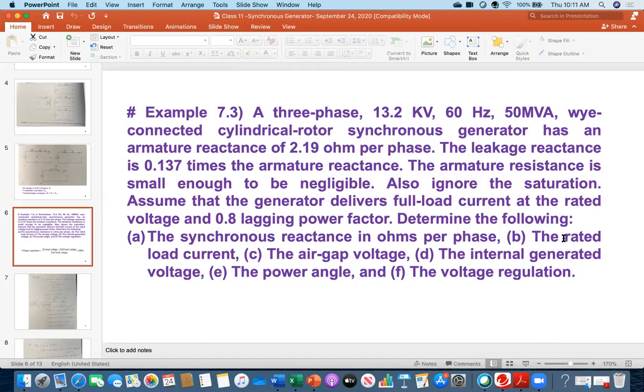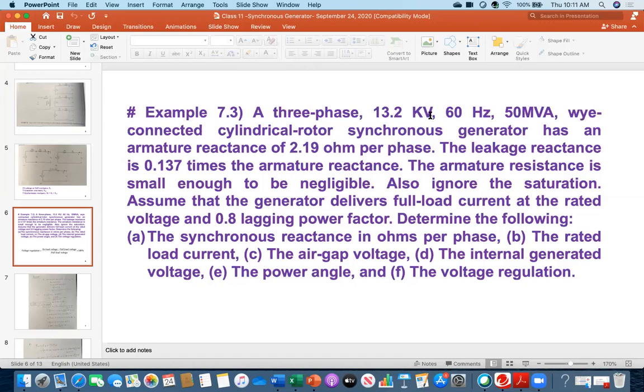So to get the rated current, we have to utilize these two numbers. 50 MVA, definitely this is the apparent power because it is not expressed in megawatt. This is not the real power. This is the apparent power.